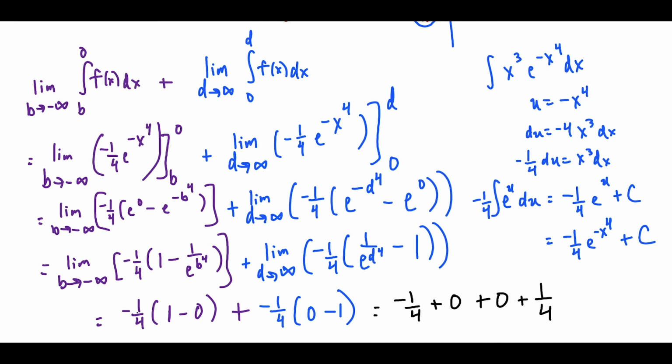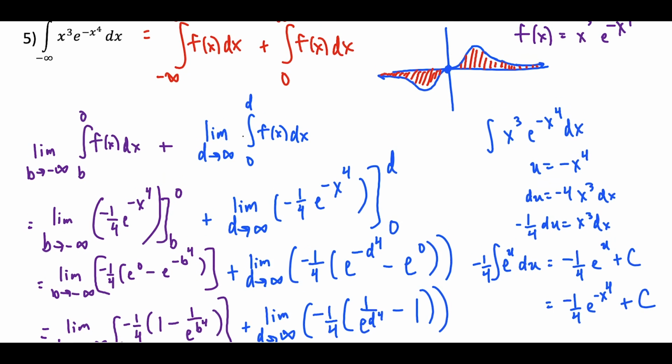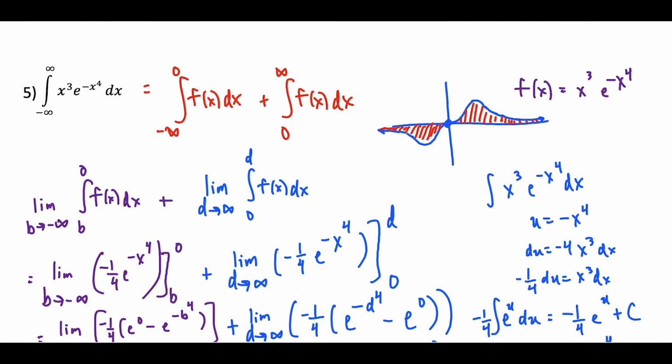Here I could have said minus 1/4 times minus 0 is plus or minus 0, so this part really doesn't matter. These terms just cancel out. But negative 1/4 plus 1/4 is equal to 0. So the original integral from negative infinity to positive infinity converges to 0.